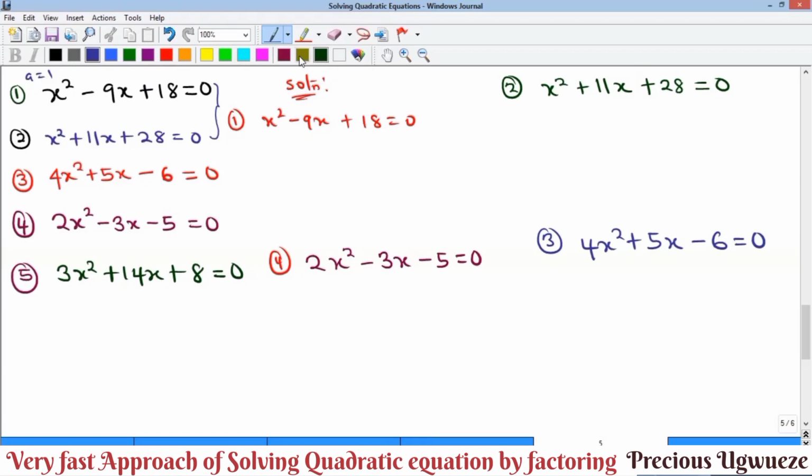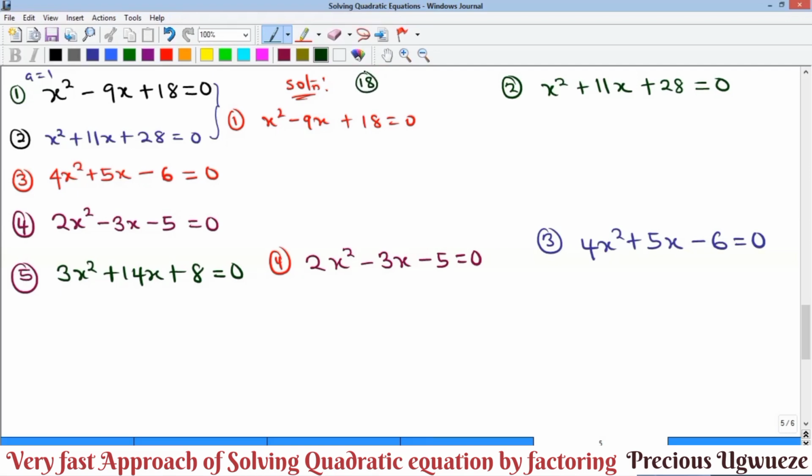So when you have a coefficient that is more than 1, what do you do? But before we get there, let's look at the coefficient of 1. That is very easy. Your normal way of factorization: first of all, take your a, which is 1, multiply by c, and that will give you 18 for example 1.